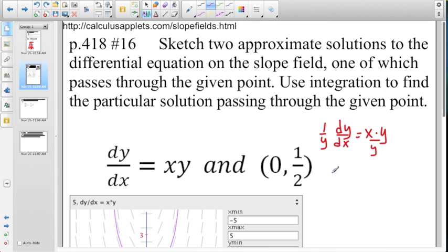And so we have dy over y equals x dx. And integrating both sides, this is the natural log of the absolute value of y, and this is 1/2 x squared plus c.